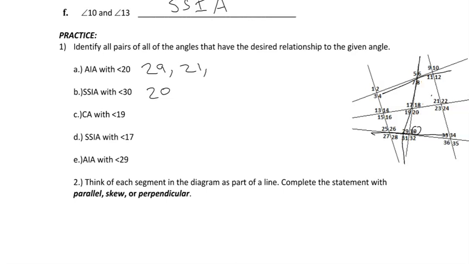It'd be 30 and 8. What about if this was my line and this was my line and here was my transversal? It would be 30 and 33 because that would be on the interior and the same side of the transversal.